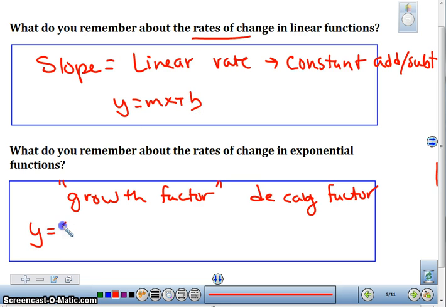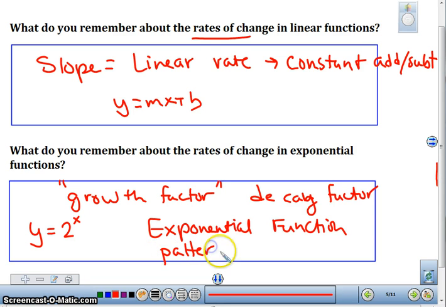Growth was y equals something to the x power, usually. Growth was 2 in this case or not. And remember, that's when we have an exponential function. So, tying everything together for the year: our pattern in linear was to add or subtract. In exponential, we are multiplying. And we usually think of multiplying even if we're multiplying by a fraction.